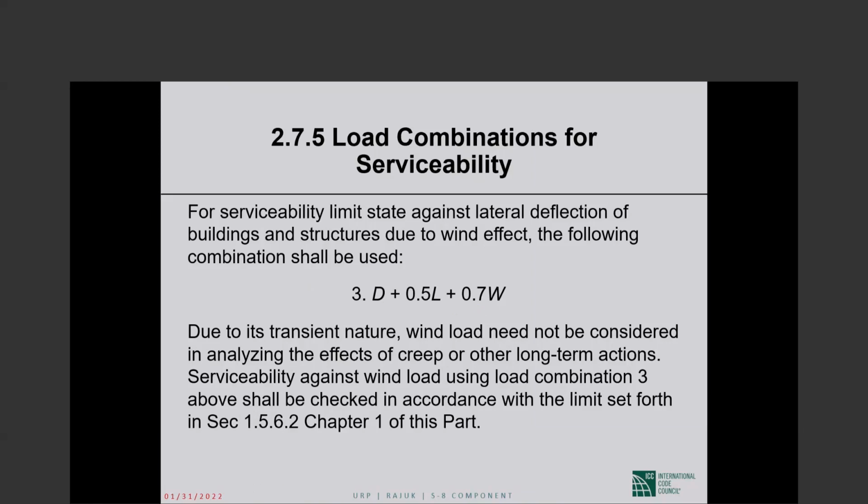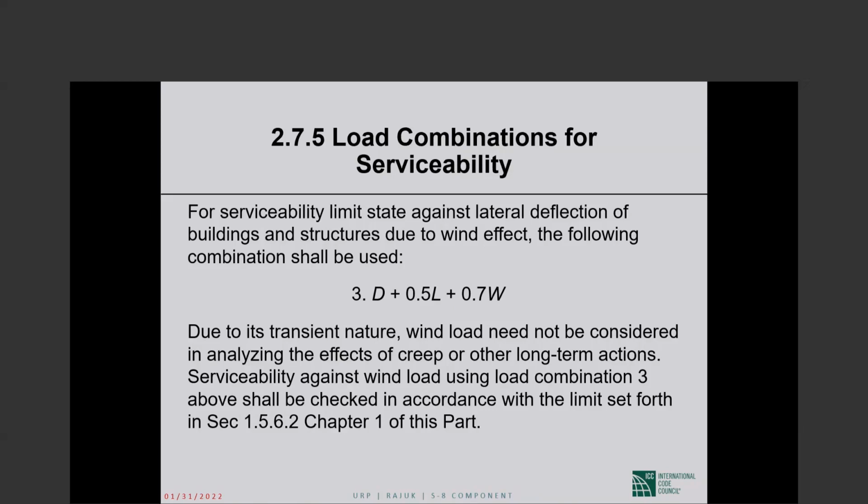So service level wind, why do we reduce it? That is because the service level wind of ASCE 7-05, which is in BNBC 2020, has a return period of 50 years. That is wind load that the structure is likely to experience once in 50 years.